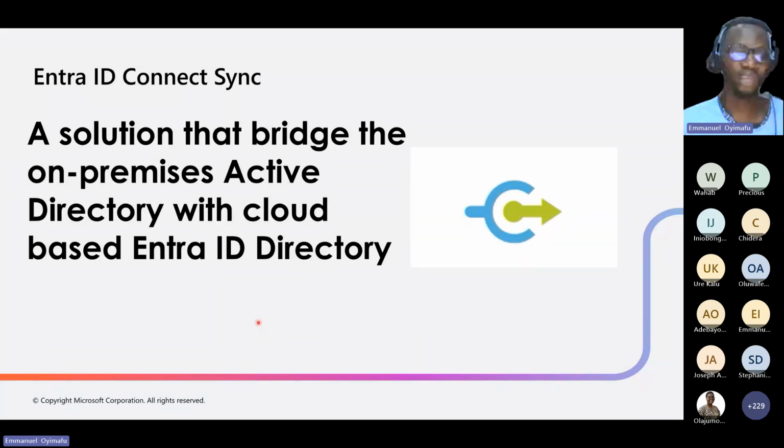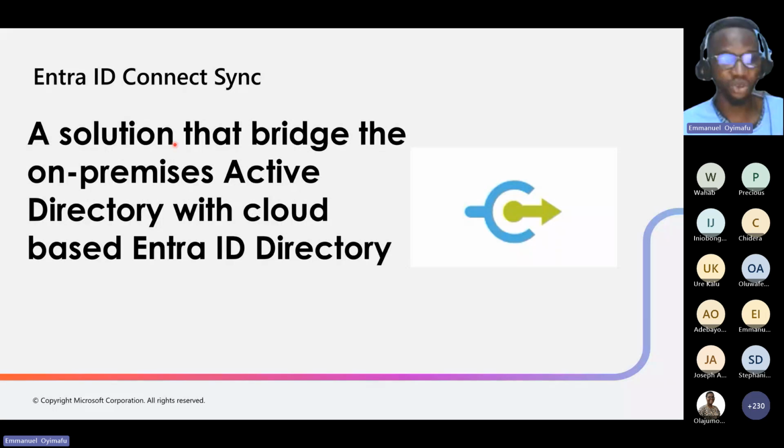So for your users to be in Entra ID and on-prem, there has to be something that will establish that handshake between your users on-prem and in the cloud. So now we have Entra ID Connect Sync.